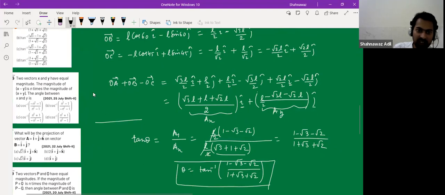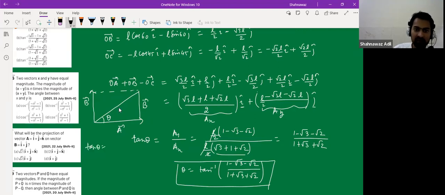Let's say two vectors A and B are perpendicular, and we are calculating the angle from the base, let's say theta. From the parallelogram law, this is B and this is A. So the angle would be, from the Pythagoras theorem or the triangle's property, B by A.